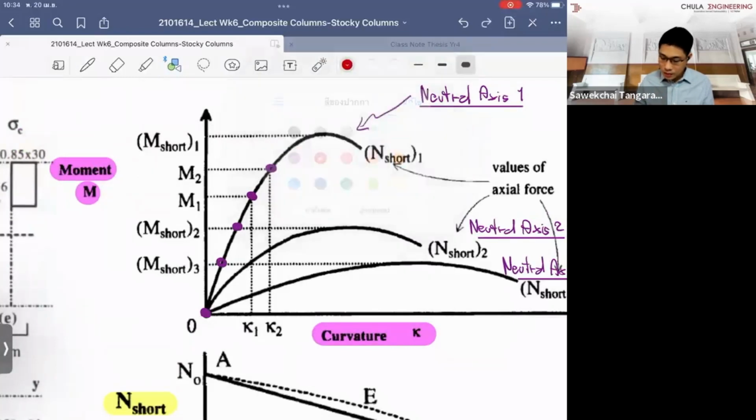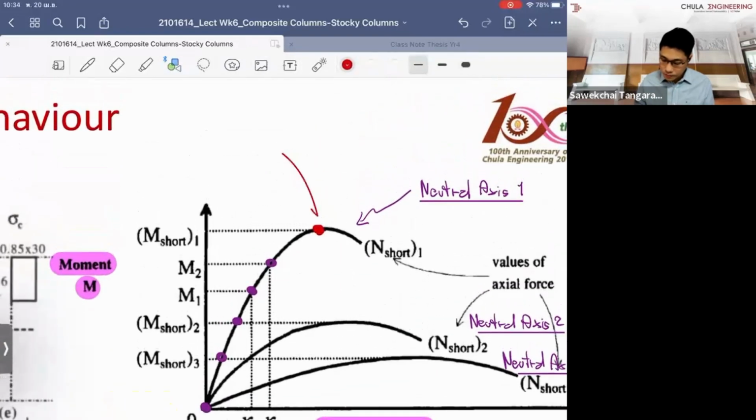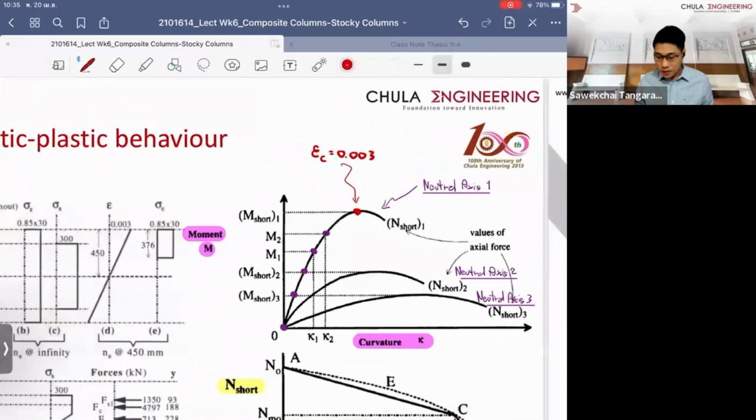It happens when epsilon cu, the strain at the top surface of the concrete, equals 0.003, and then we stop.